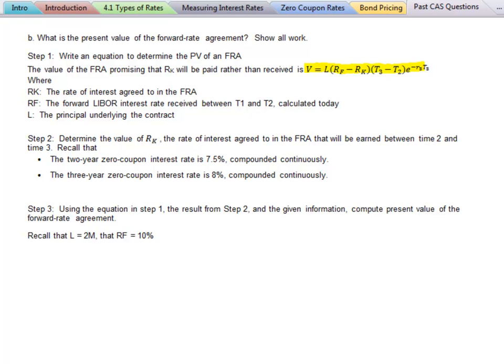Step 2. Determine the value of R sub K, the rate of interest agreed to in the FRA that will be earned between time 2 and time 3.